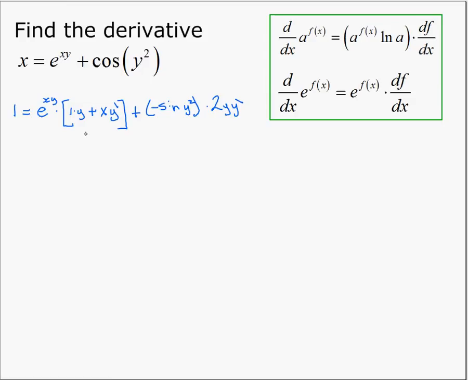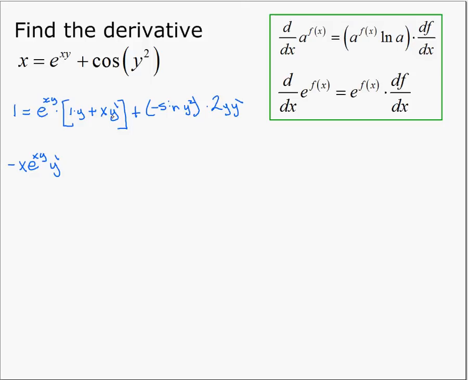Now we need to solve for y prime. To do that, we need to expand a little and collect the y primes on the left hand side. So that gives us negative x e^(xy) y prime.